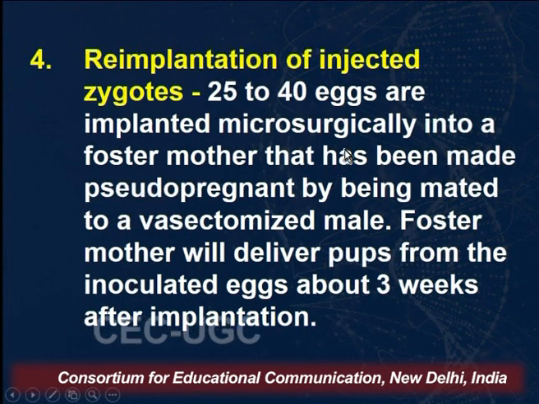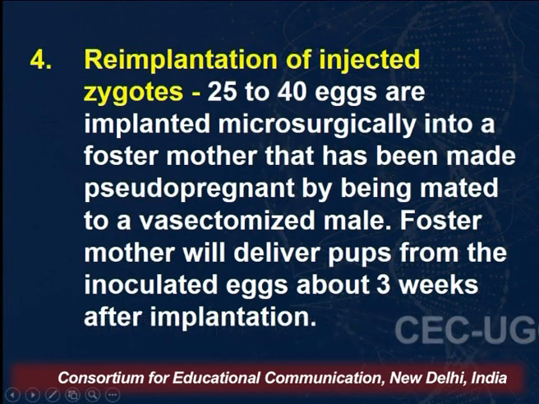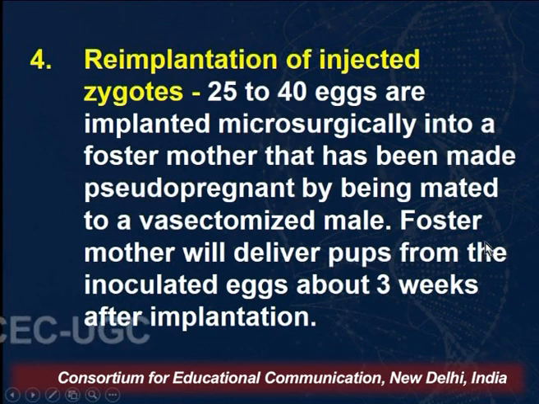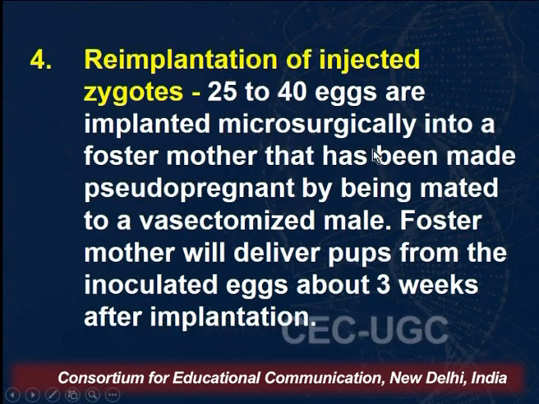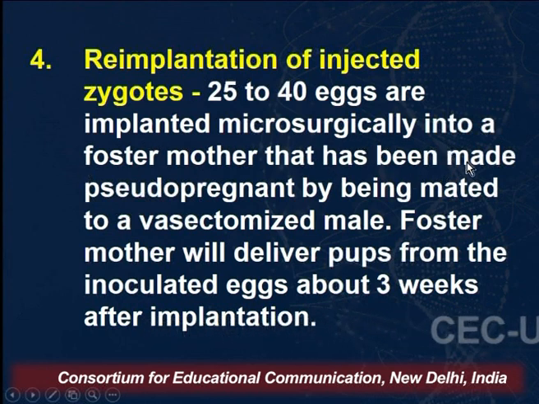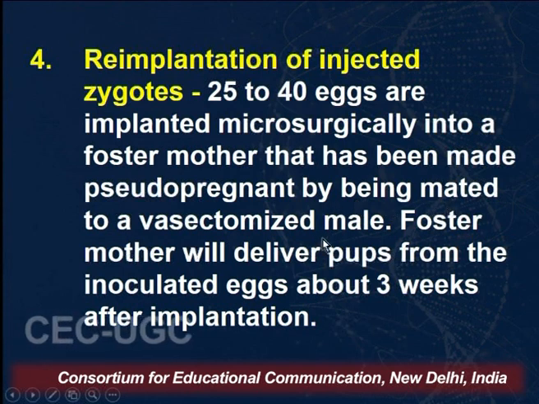After this micro-injection step, the reimplantation of the injected zygotes is done. So, 25 to 40 eggs are implanted microsurgically into a foster mother that has been made pseudo-pregnant by being mated to a vasectomized male.